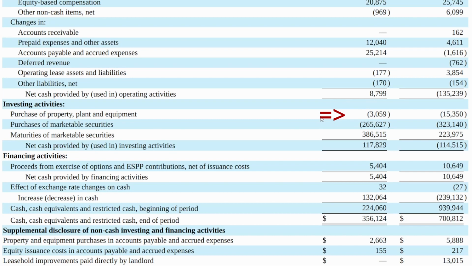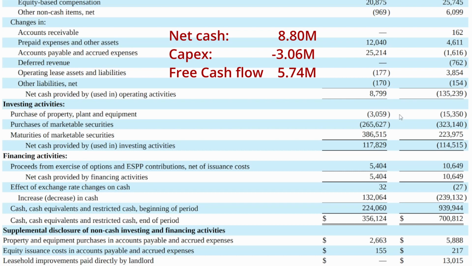Free cash flow is money the company has for day-to-day operations. So we do a little bit of quick math here: 8.8 subtracted by 3.06 million, we get a free cash flow of about 5.739 million. So 5.7 million, just for easy math, over 3 months.